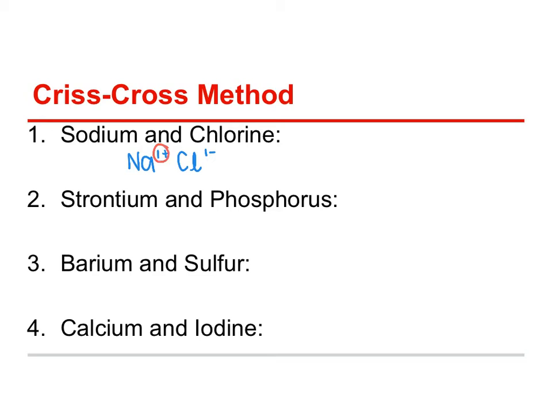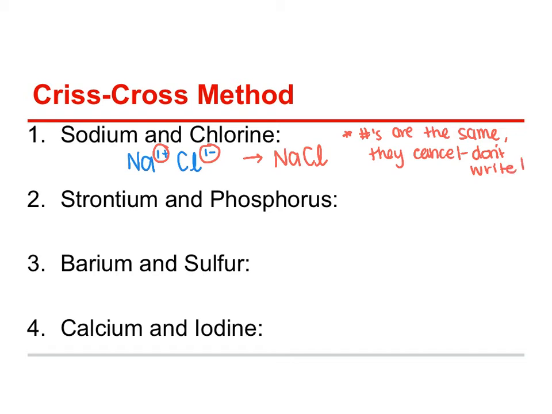If these numbers are the same, they're going to cancel each other out. When something cancels, you don't write them. So it's just going to be NaCl. If the numbers are the same, they cancel, which means we don't write them. Okay, let's try another one.